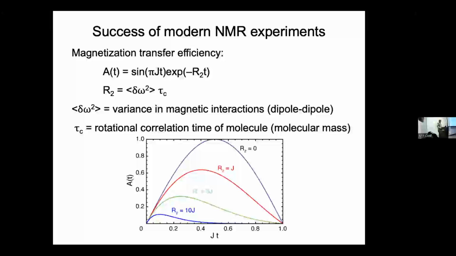And pretty much everything about modern NMR is in these two equations, because 2D NMR and structure determination by NMR started with only proton experiments. So the proton couplings, big ones are 12 to 15 hertz. So you work on the tumbling time. Oh, how does tumbling time depend on size of protein or size of nucleic acid?